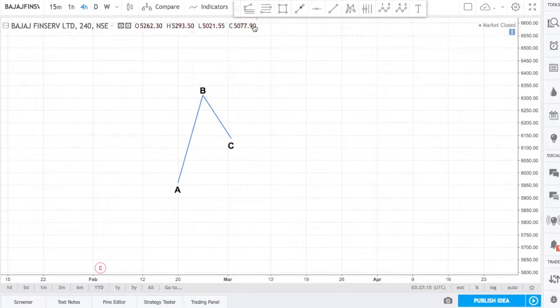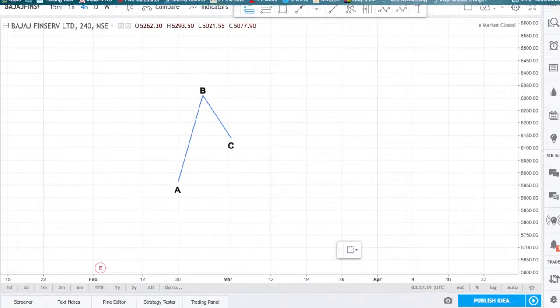Now here, let's pick the Fibonacci extension tool and find our 1.27 and 1.618 zone. We are going to draw a zone where the CD leg is possibly going to terminate.